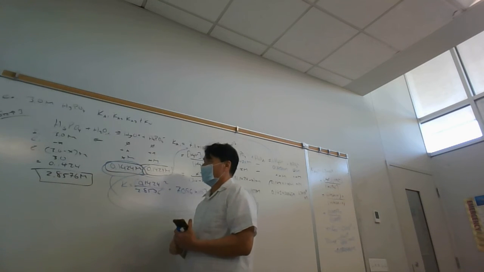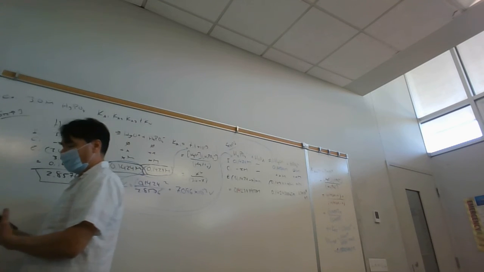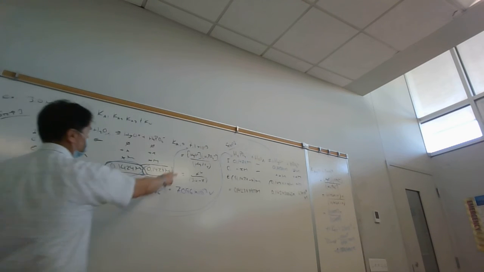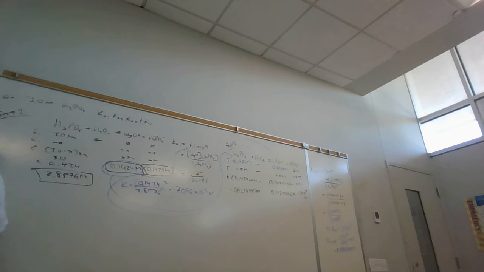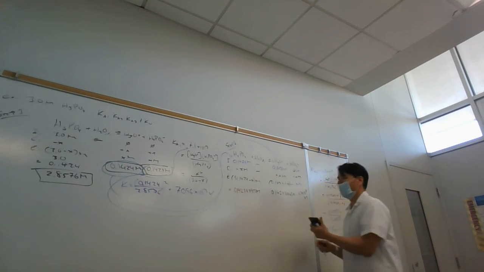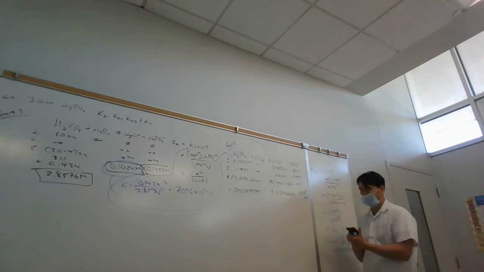So if we stopped at step 1, we would have gotten a pH of 0.846. How many sig figs are we allowed? We're allowed 2 sig figs, and so we'd have to round this to 0.85.